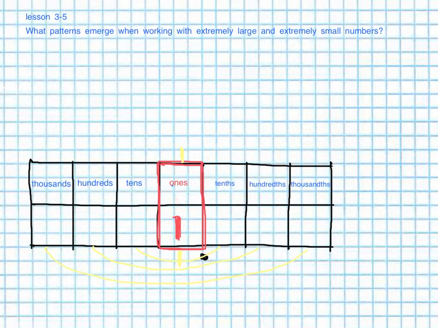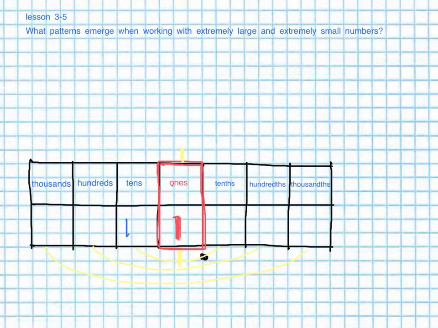We have our ones, going greater: tens, hundreds, thousands. Going smaller: tenths, hundredths, thousandths. And remember, this is like our mirror. So let's fill in what numerical value this would look like.